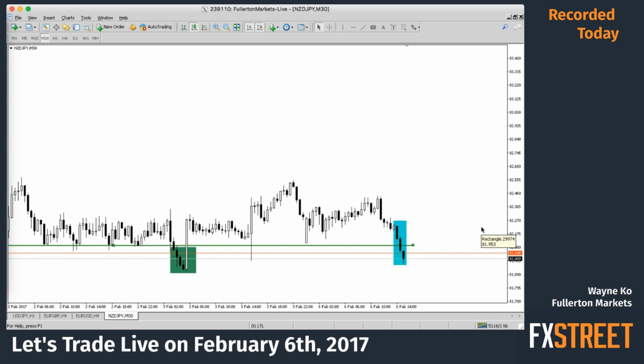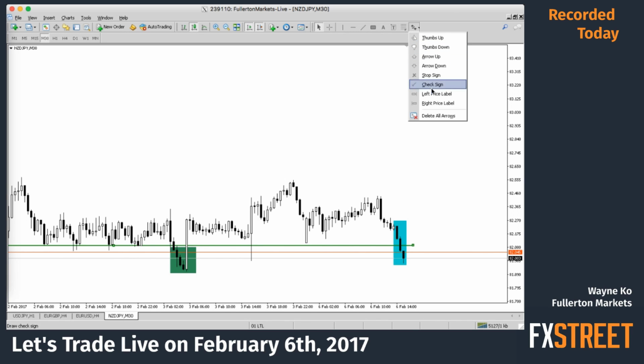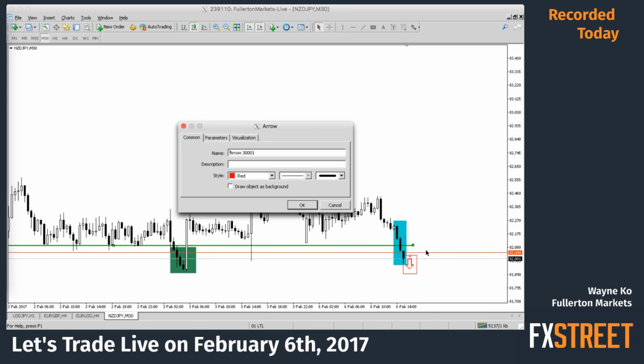The 3 black crow is basically a bearish candlestick formation. So the next candle, you could possibly consider to go short.